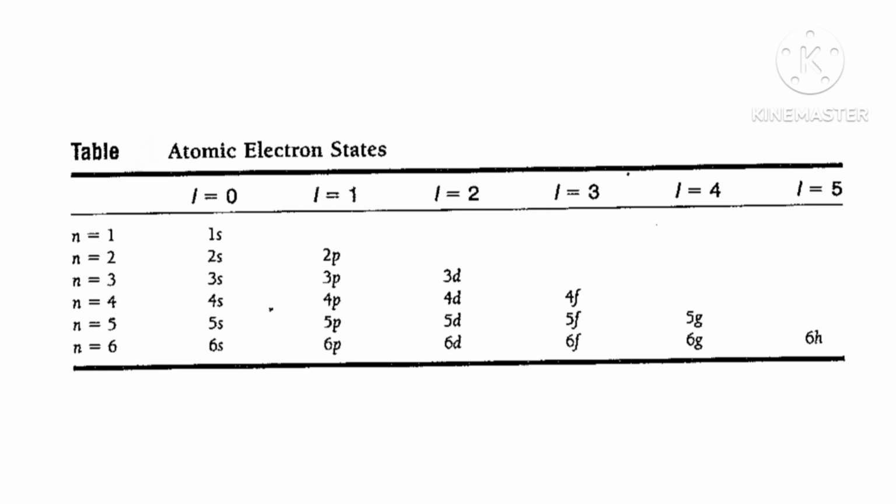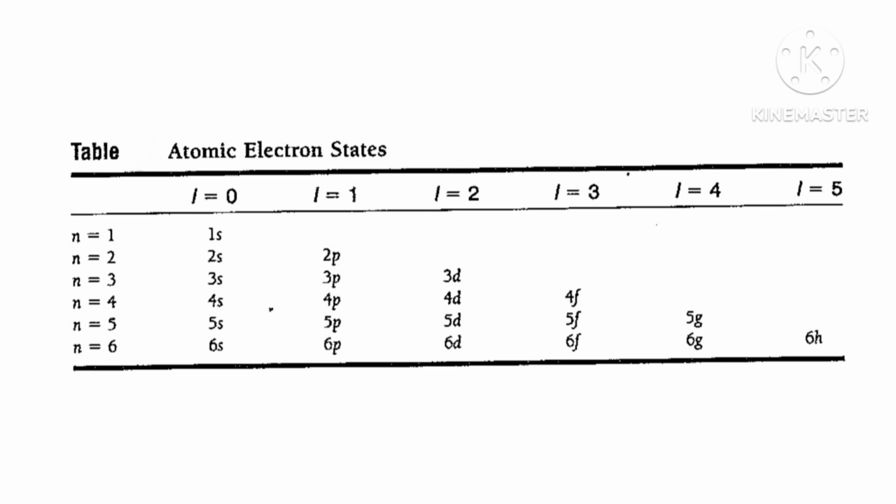For n equal to 2 we have two atomic states, 2s and 2p, for l equal to 0 and l equal to 1. Then for n equal to 3 we have three atomic electron states, 3s, 3p and 3d, for l equal to 0, 1 and 2. So this is a table which provides us the idea of atomic electron states.